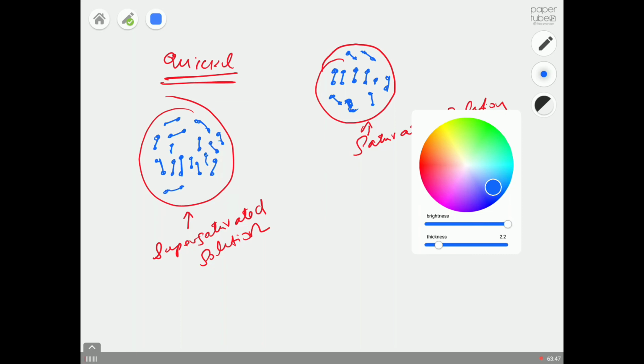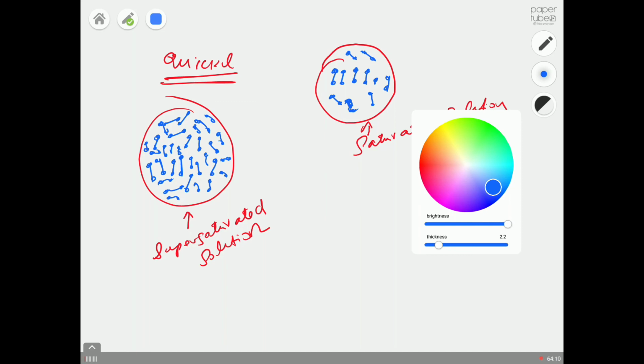So you will have loads and loads of solute molecules, and that's how it will look. If you had a molecular level microscope, the solution would look something like this. The molecules will jiggle around and randomly move within their space.